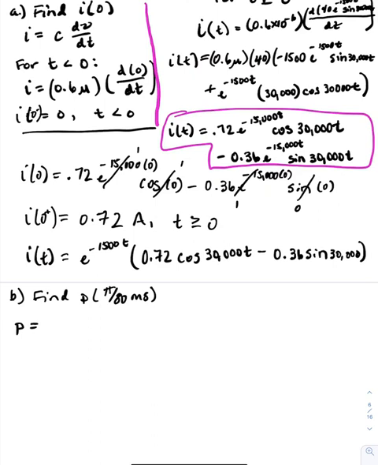So we know that power is voltage times current. And we have an expression for voltage and we have an expression for current. So let's find voltage at pi over 80 milliseconds, and let's find current at pi over 80 milliseconds.